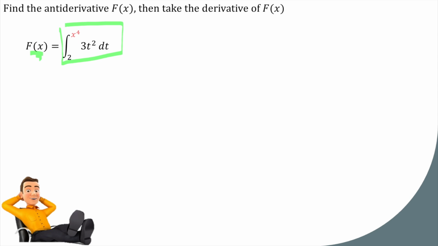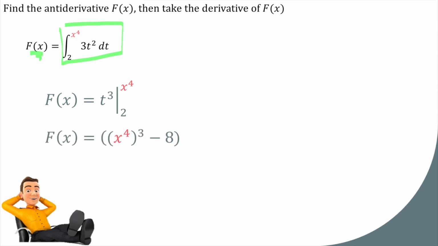So that means we got to add 1 and divide by it. So we get t cubed evaluated from 2 to x to the 4th. Now we do f of x to the 4th minus f of 2. Clean that up a bit, and we have x to the 12th minus 8.